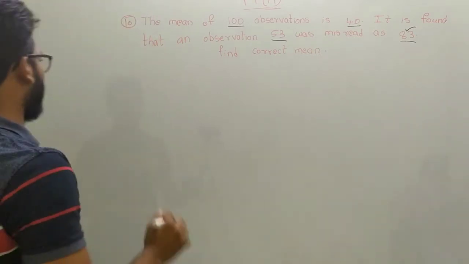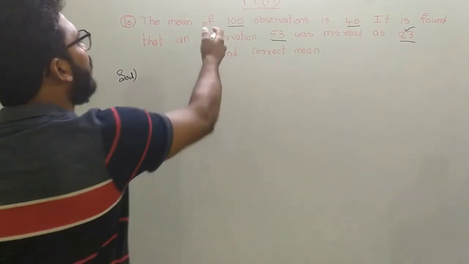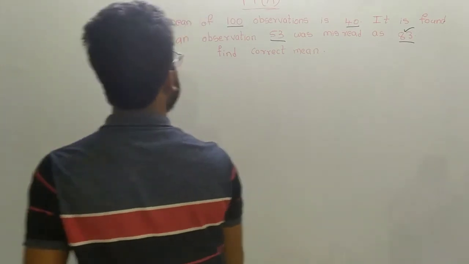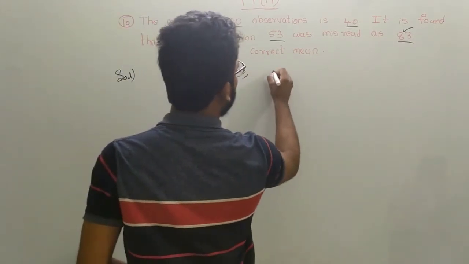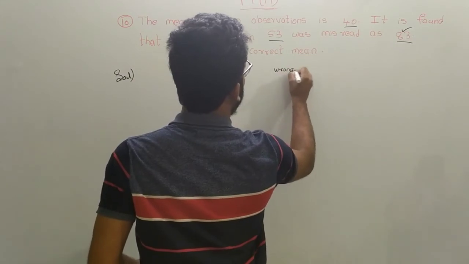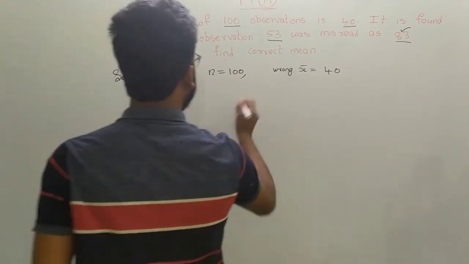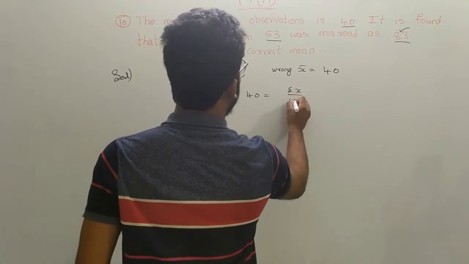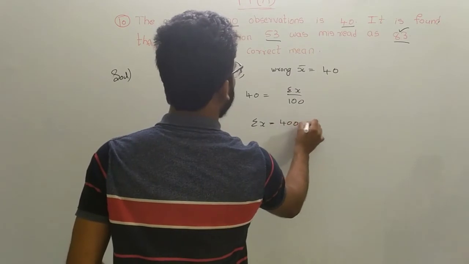Okay, for these problems, how do we have to solve? Actually we have the number of observations and the mean, so we can find the sum of the observations, right? First, let us find the sum of the observations. n is equal to 100 and, let it be the wrong x bar, is equal to 40. So 40 is equal to sigma x by 100. So the summation of x is equal to 40 into 100, it is 4000.